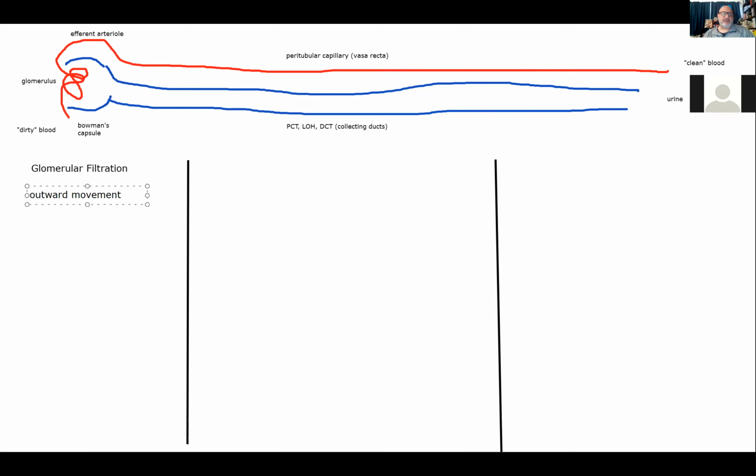So this is basically movement from the blood to the filtrate. And in fact, glomerular filtration is really where we make the filtrate. Obviously, this is going to only happen in the renal corpuscle.